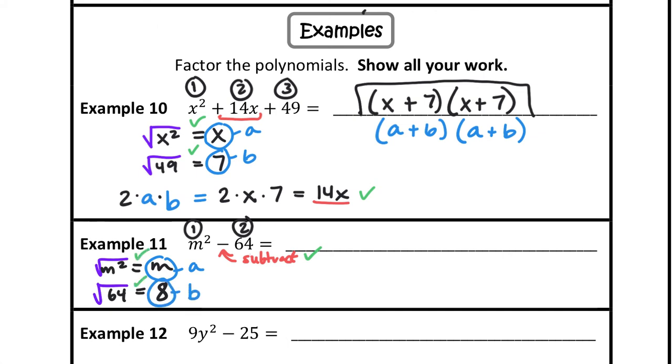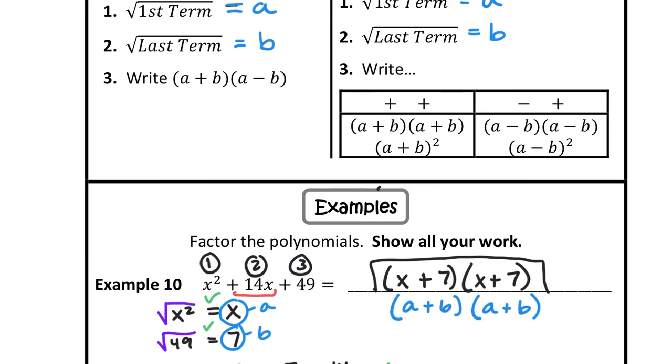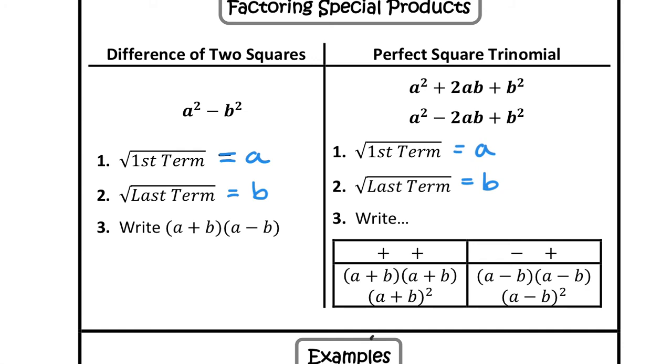So I could square root both. There's subtraction going on. So we have a difference of squares. If I have a difference of two squares, then my equation is going to be a plus b times a minus b.